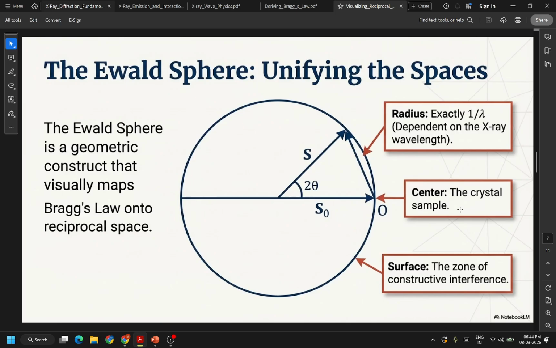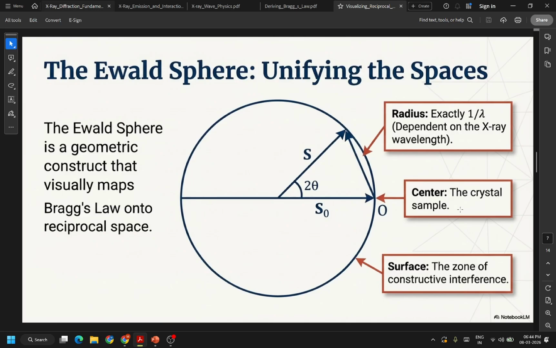So then we come to the Ewald sphere, which is a geometric construct to visualize Bragg's law in reciprocal space. The radius of the Ewald sphere is exactly 1 by lambda, so it depends on your X-ray wavelength. And the center is your crystal sample.